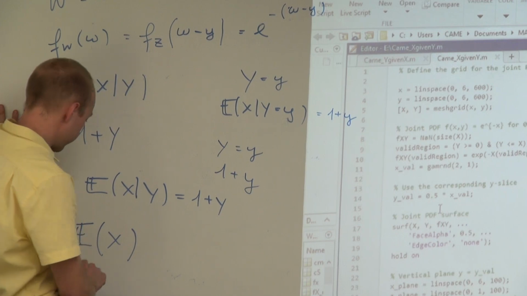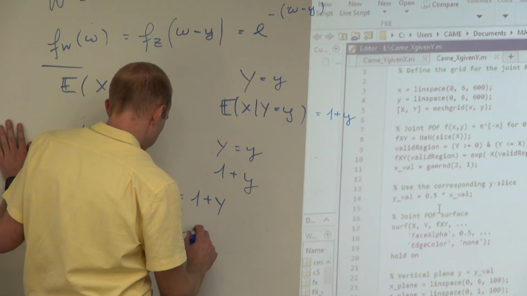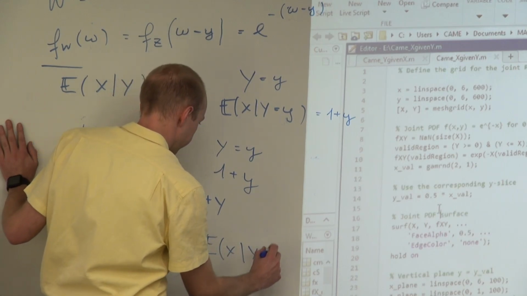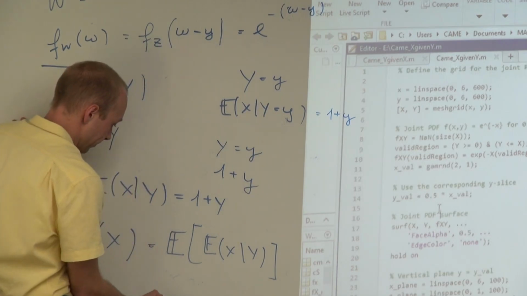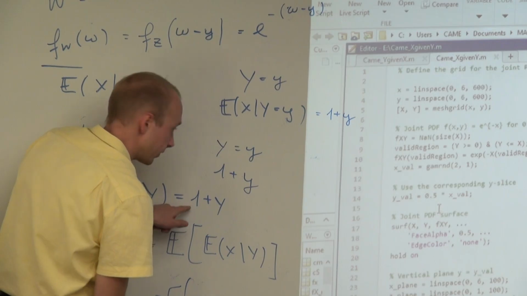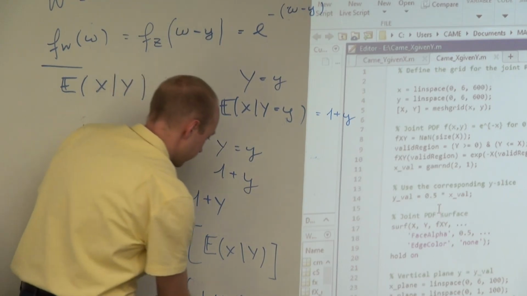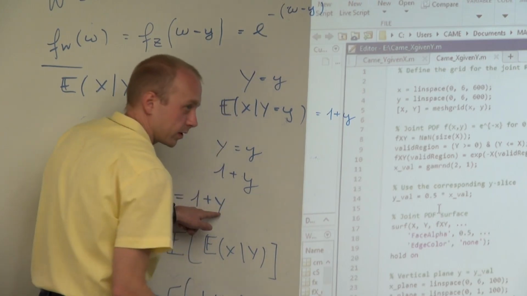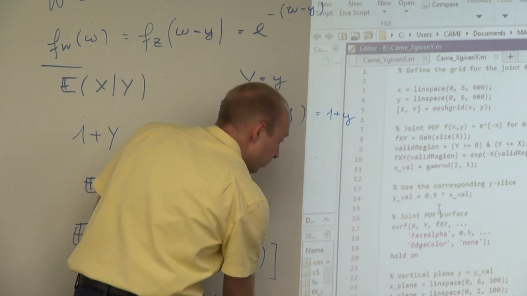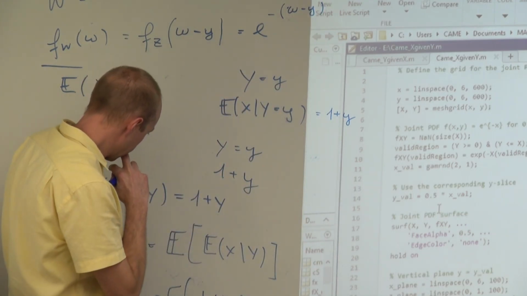So we already know that this should have been 2. But let's do it with the law of the expectation. See? Expected value of this guy here, 1 plus y. See? 1 plus expected value of the exponential, 1, equals 2. No? Yes?